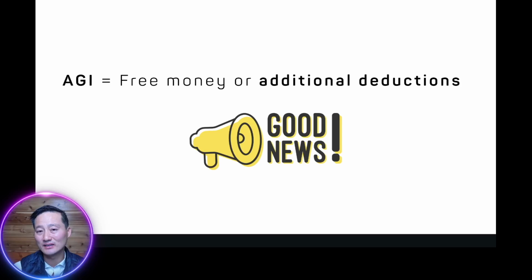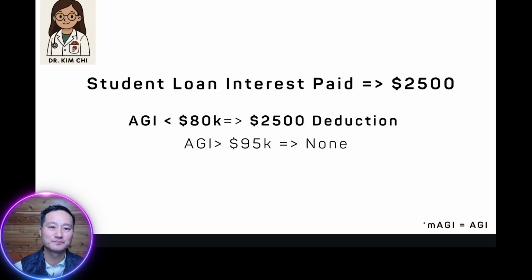That's where things got better for Dr. Kimchi. Because her business expenses, which became adjustment deductions, lowered her AGI, it also unlocked additional deductions. In her case, her student loan interest payments now qualify as an additional adjustment deduction. Let's take a look at how that actually worked.